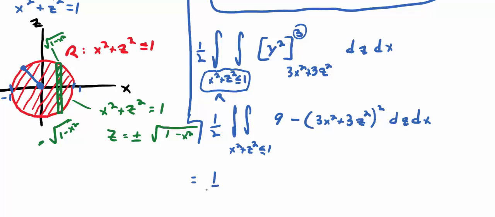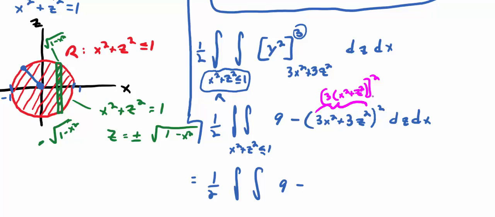So let's switch. 1/2. Switch to polar. Now, what does the integrand become in polar? 9 won't change, but minus. Okay, careful here. 3x squared plus 3z squared could be written as 3 times x squared plus z squared, right? And then we're squaring that whole thing. So z is taking on the role of y here.